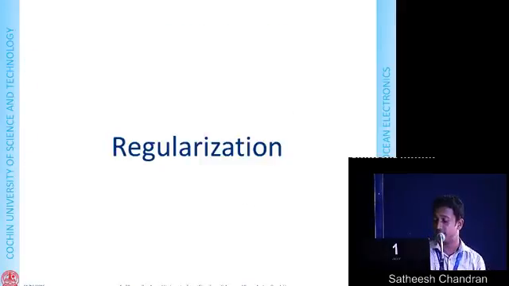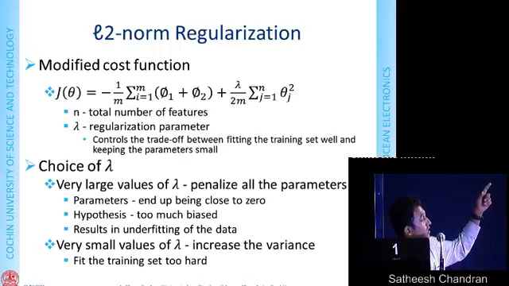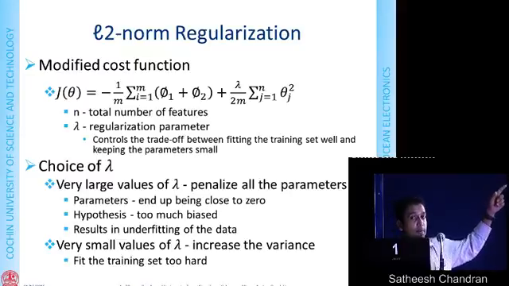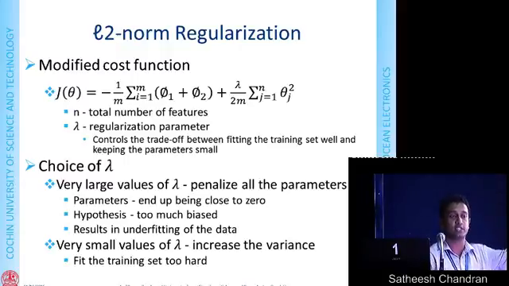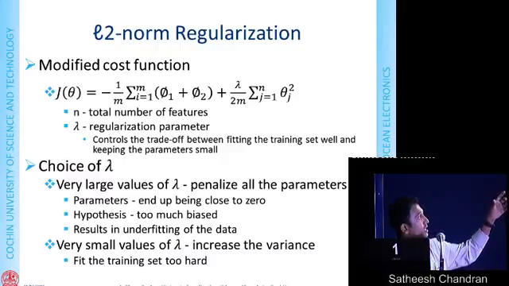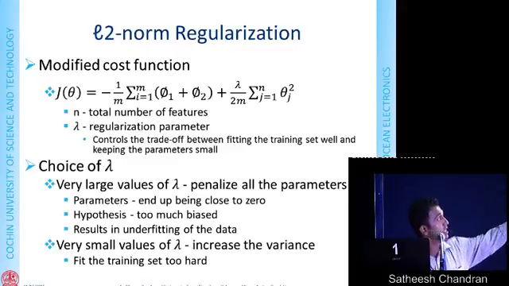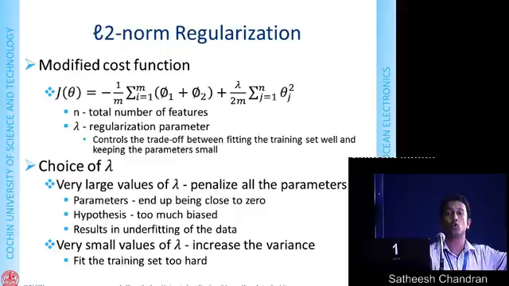Moving on to regularization, we have implemented L2 regularization. We can see the modified cost function with regularization is equal to minus 1 by m times the data term. That is the first term. And the second term in the objective function, lambda by 2m sigma j equals 1 to n theta j square, is the penalty term. It is the square of the L2 norm, and lambda is the one which introduces the penalty to that term.